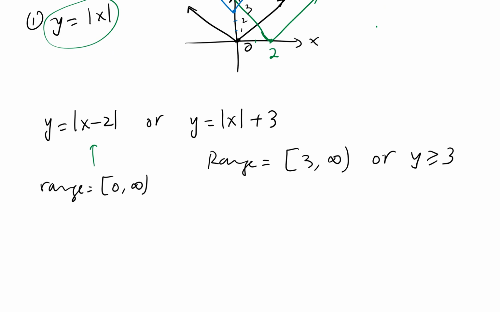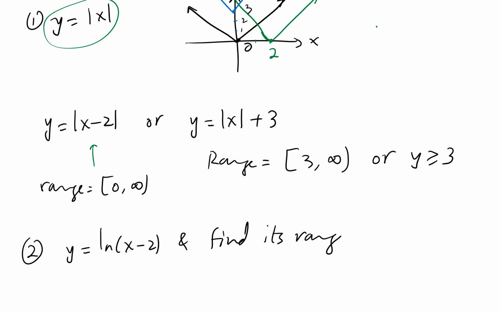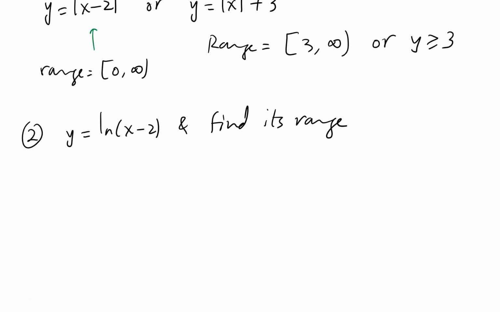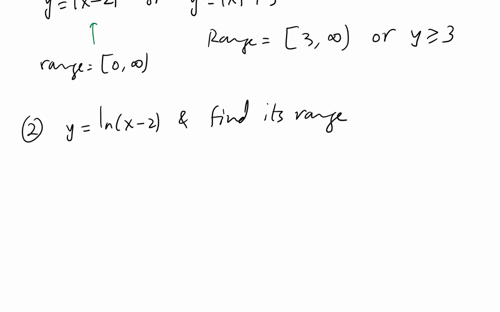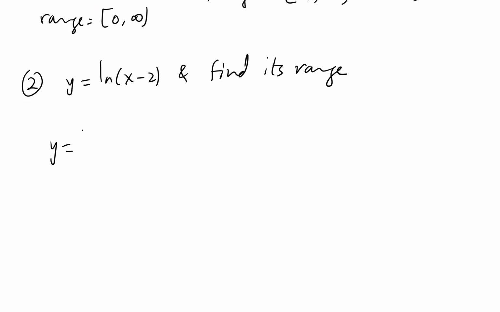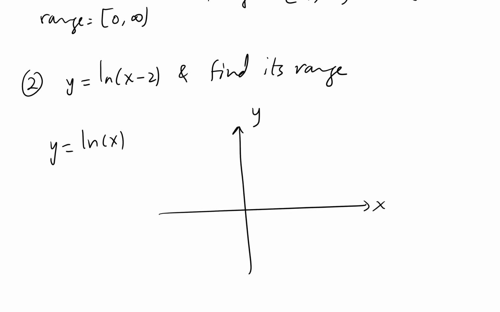How about graphing something like y equals natural log of x minus 2 and finding its range. So recall that the graph of y equals natural log of x, that's the parent function, goes up this way. There's a 1 here, 0, like so. The domain for this function is 0 to infinity, and the range is all real numbers.